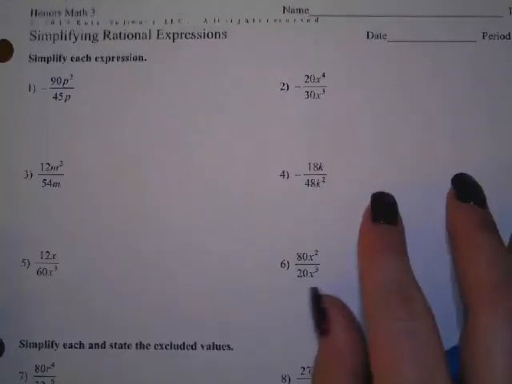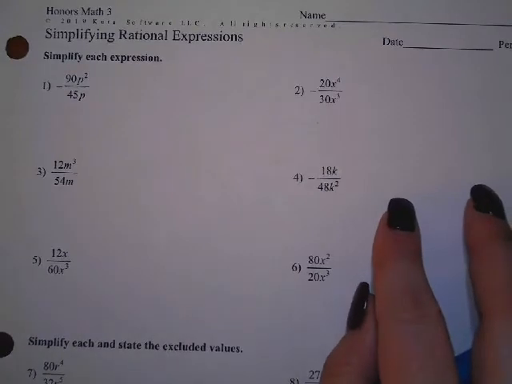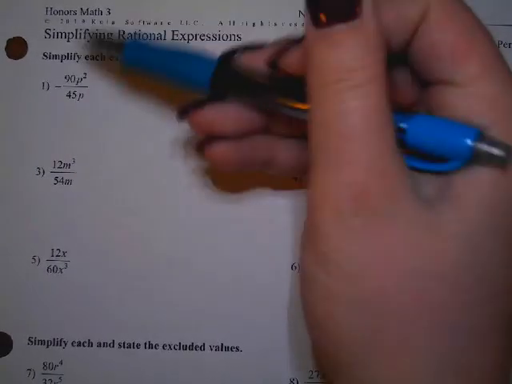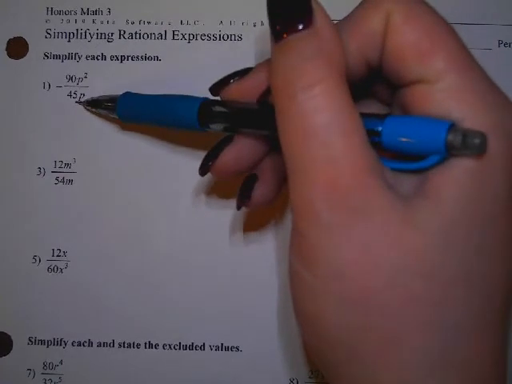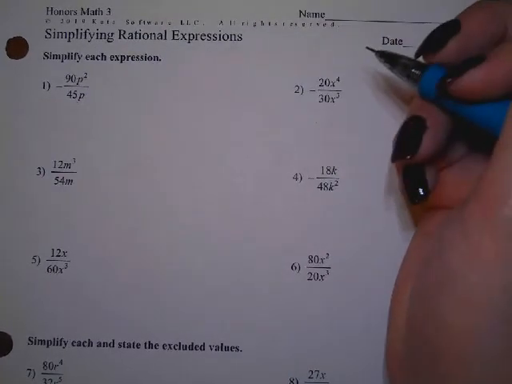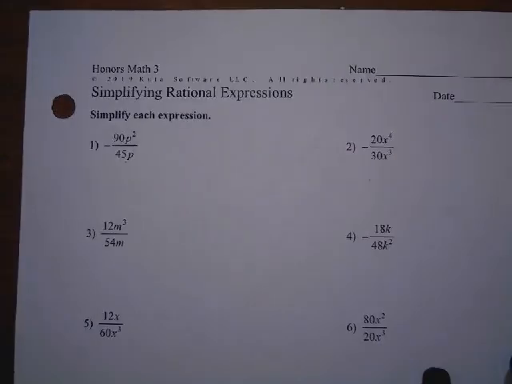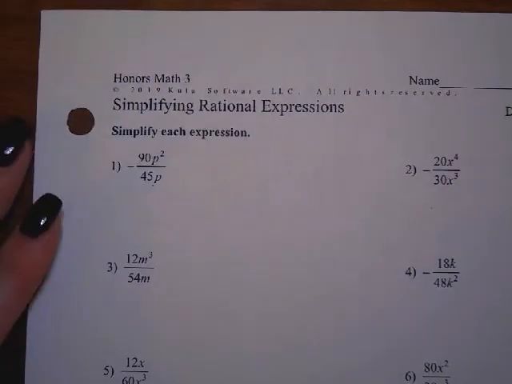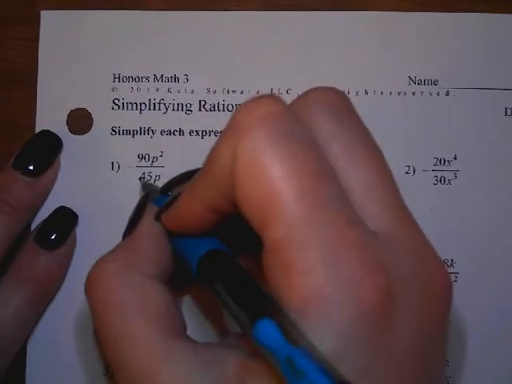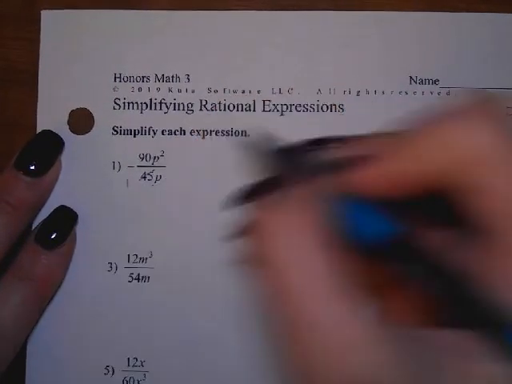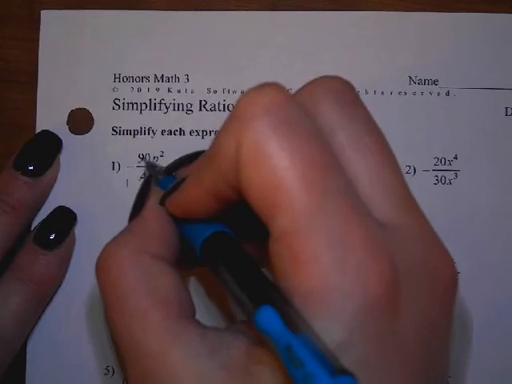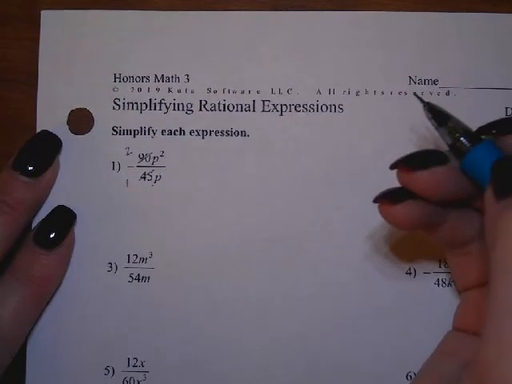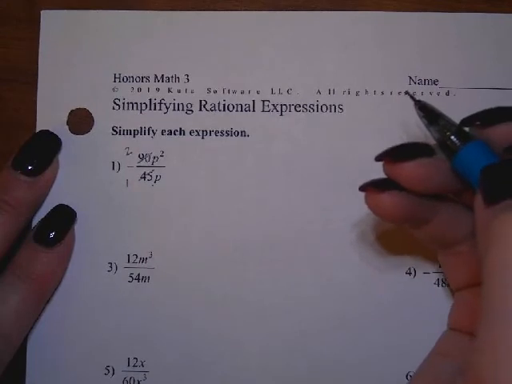All right. So they want us to simplify. If I've got 90 on the top and 45 on the bottom, what could I divide out of those? 45, yeah, 45 goes into 45. It also goes into 90. So 45 divided by 45 is 1. 90 divided by 45 is 2, okay? What about p squared and p?